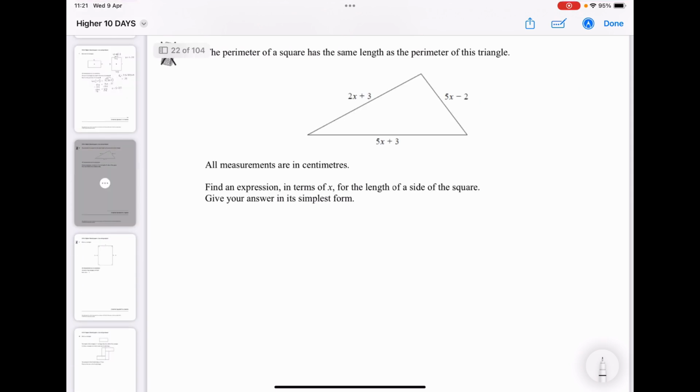Next question. The perimeter of a square is the same length as the perimeter of this triangle. All measurements are in centimetres. Find an expression in terms of x for the length of a side of the square. Give your answer in its simplest form.